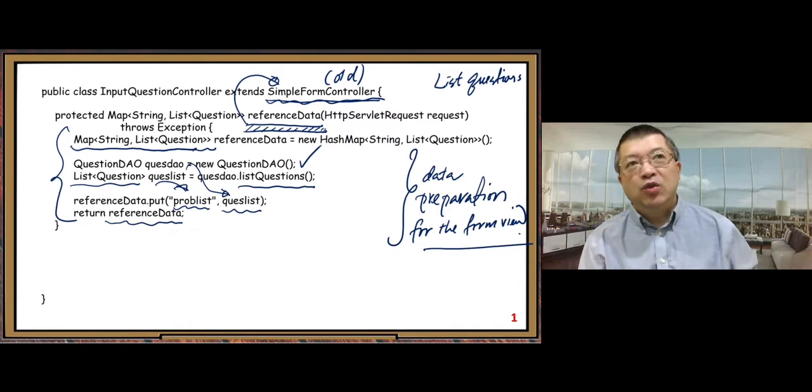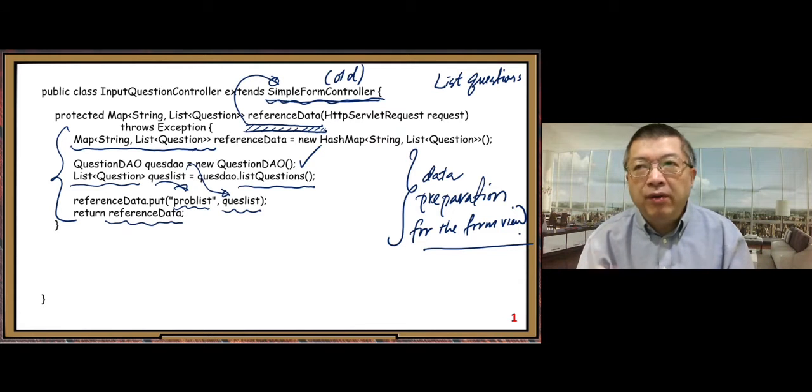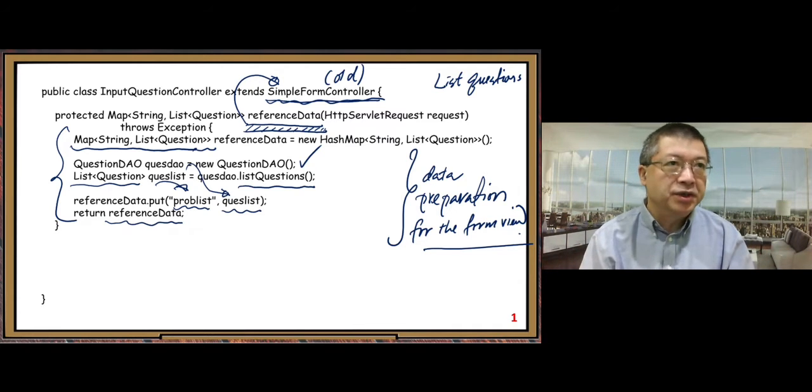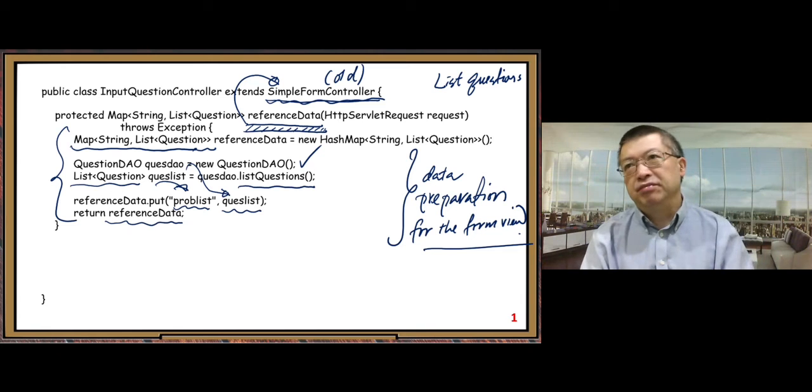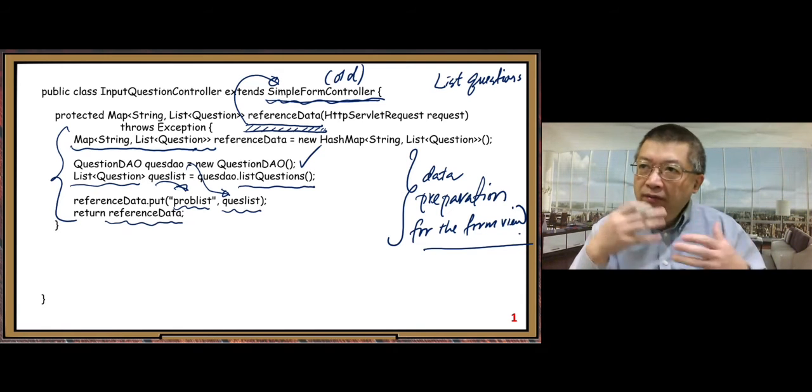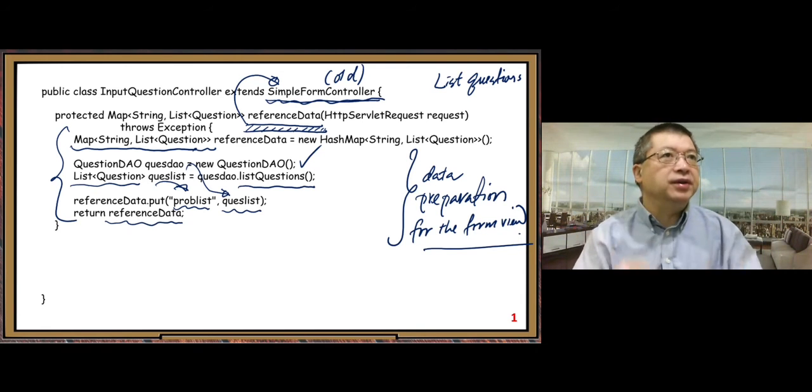So when you do this kind of preparation, the container knows how to use it when the form view page is rendered.